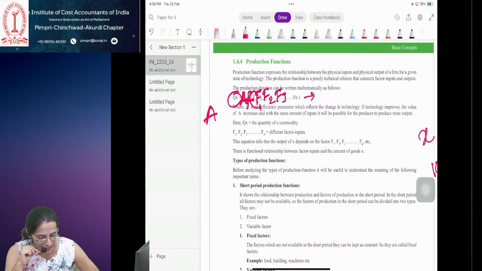What are they saying? Production function. Production function expresses the relationship between the physical inputs and physical output of a firm for a given state of technology. The production function is a purely technical relation that connects factor inputs and outputs. The production function can be written as what?